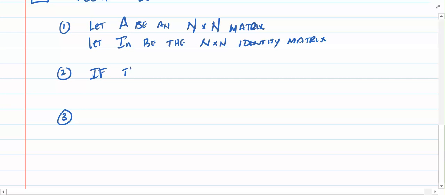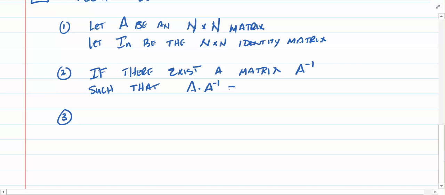Say if there exists a matrix, and we'll call it A inverse, A negative 1, the inverse matrix, such that A times A inverse equals our identity matrix, which is the same thing as A inverse times A. If you can say all of that, then part 3, A inverse is called the inverse of A.